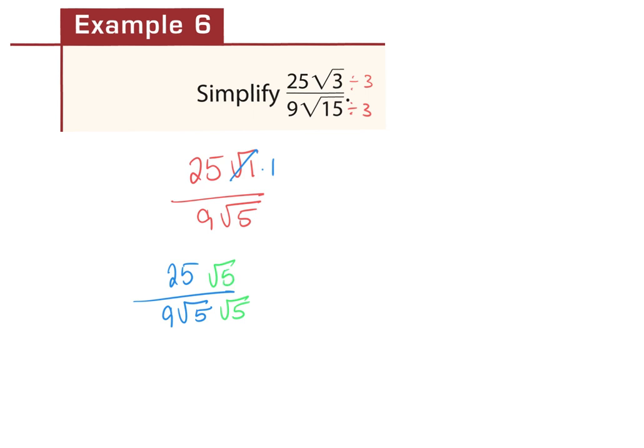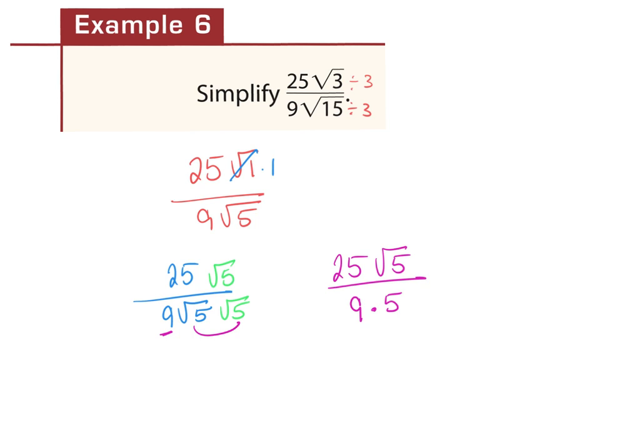All right. So far, so good. So on the top, I have 25 times the square root of 5. On the bottom, I now have 9 times what? Square root of 5 times square root of 5 is the square root of 25, and the square root of 25 is just 5. All right? Before I multiply those, do you think I can reduce anything?